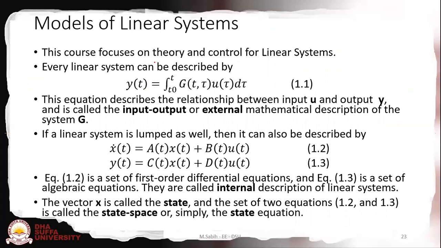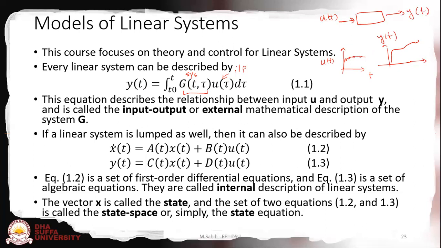From a theory and control perspective, a linear system is simply described by an integration from t0 to t of a function g. This represents the system, and we have an input here, u of t, applied over time. The output y of t will heavily depend upon what you have applied, u of t, and what the function g is.